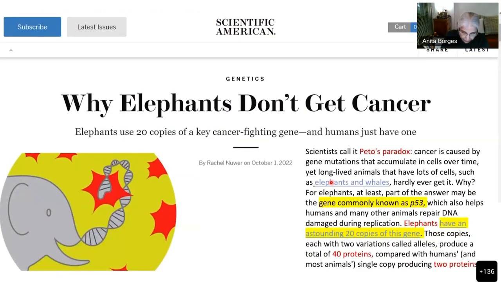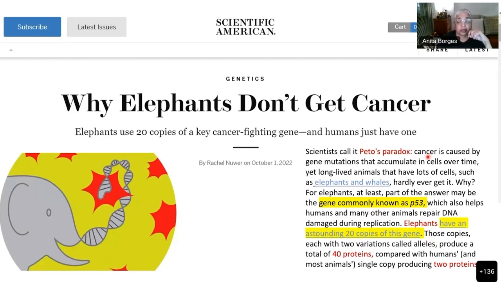Did you know that elephants don't get cancer? Well, this is just to keep your attention going, because an elephant has a huge body. So to get to that size, it must have had so many cell divisions. Therefore, it should be more susceptible to cancers. But it has at least 20 copies of the P53 gene.